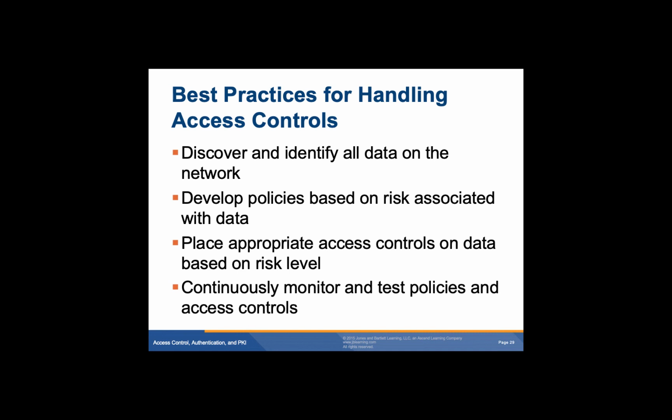And continuous monitoring and testing of policies of access control is a must. And in fact, in an information security plan, if you're going with DFARS, which is Department of Defense, they recommend once a year. If you're using other standards like the CIS standards, they recommend quarterly. And in fact, I would recommend just being in the environment monthly, a monthly analysis of this, or greater.